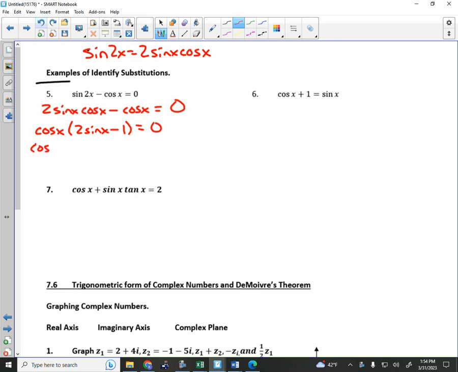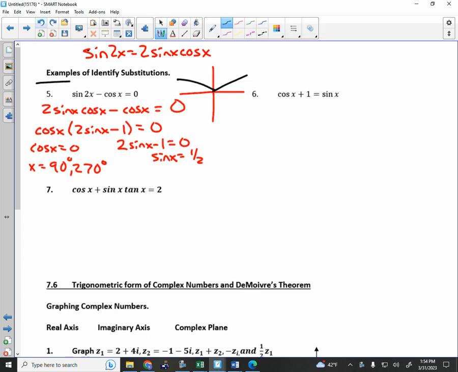So I have cosine of x is equal to 0. And so yes, cosine is equal to 0 at 90 degrees. And then we have sine of x is equal to 1/2, where again is sine positive. We've done this about 10 times. First and second quadrants, it is 30 degrees. So 30 and 150.